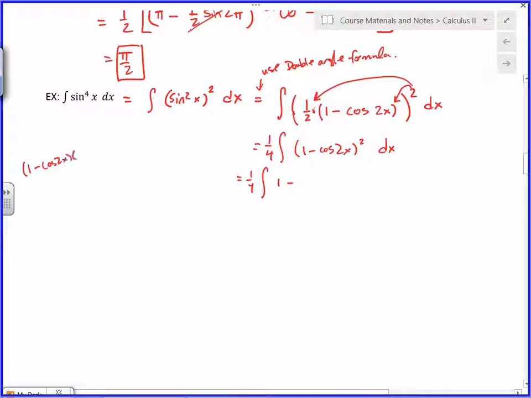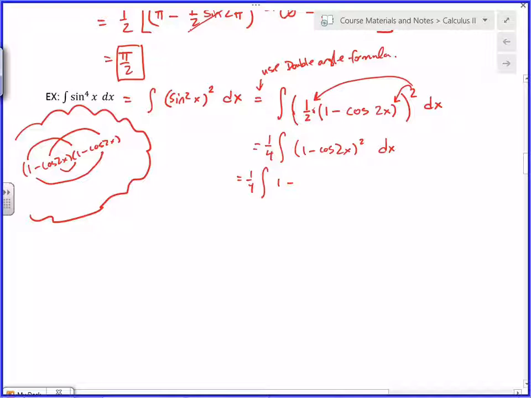Cosine 2x times 1 minus cosine 2x. First, outside, inside, and last. So the outside and the inside give me minus cosine 2x, which is minus 2 cosine 2x, and then plus cosine squared of 2x dx. So you just add the 2 in the middle to get the middle term.